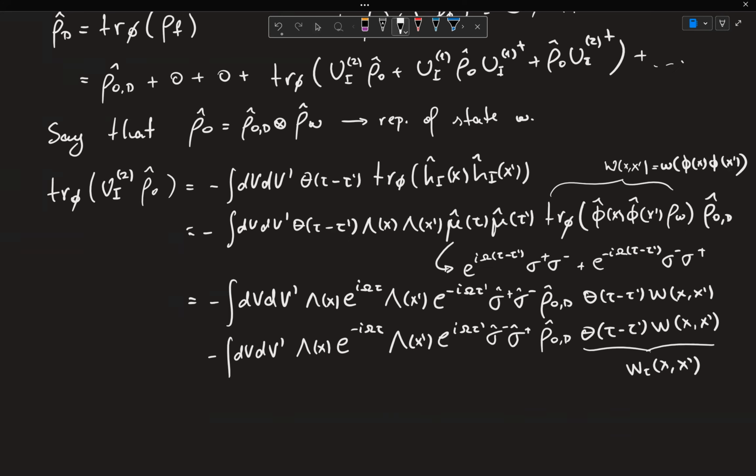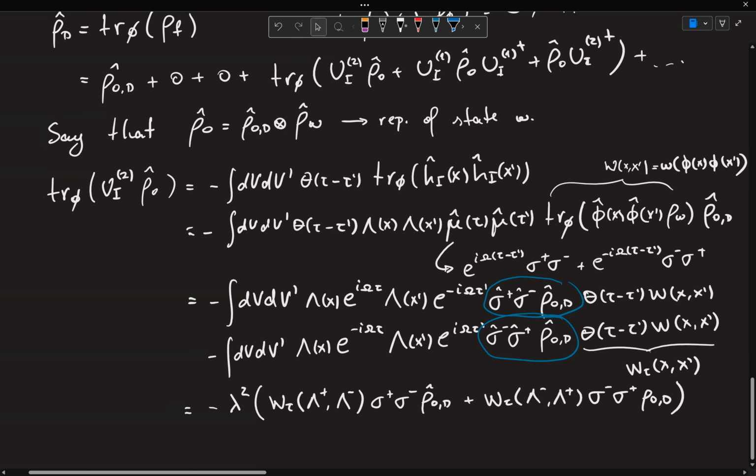And what we obtain in the end is simply minus lambda squared, then w tau, which is this bidistribution, applied to lambda plus lambda minus sigma plus sigma minus acting on the initial state, plus w tau now acting on lambda minus lambda plus sigma minus sigma plus acting on the initial state, where this lambda minus lambda plus is basically the lambda with the phase.